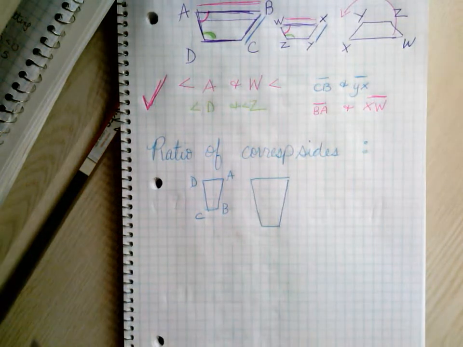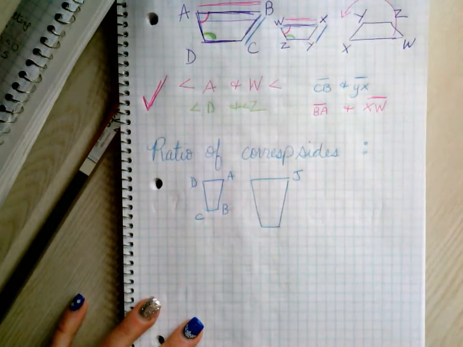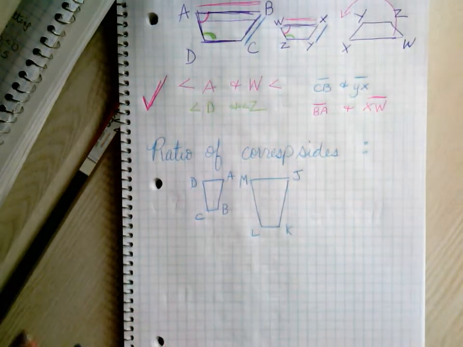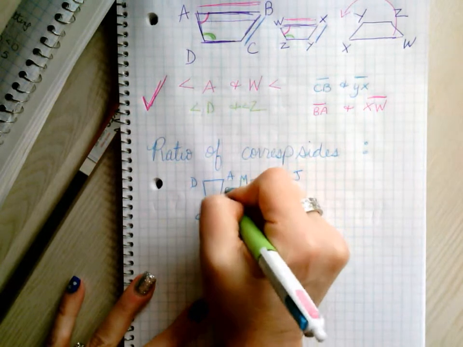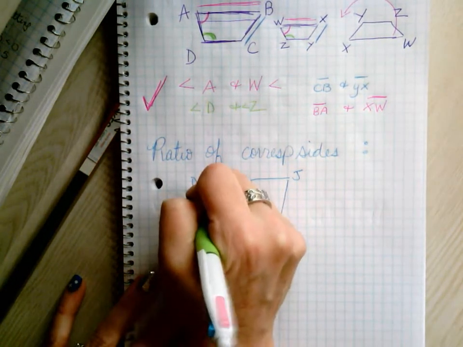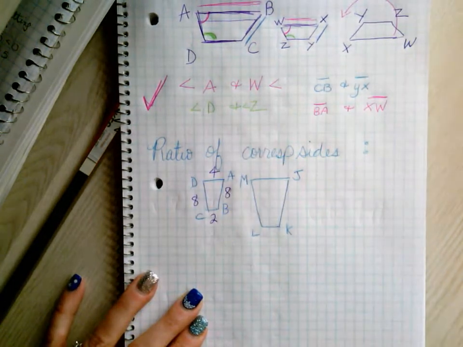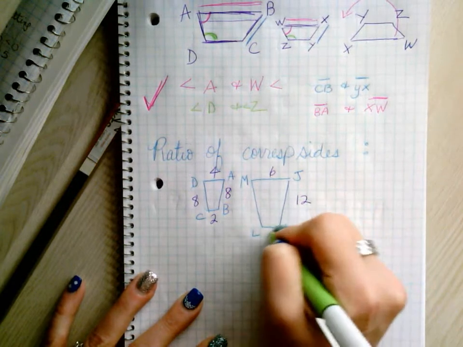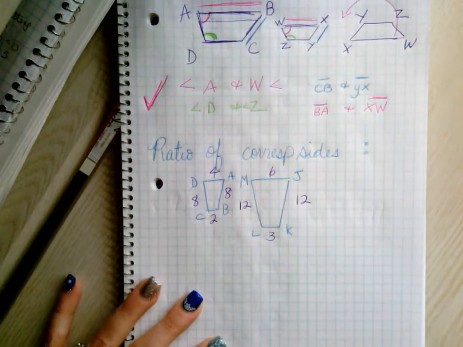Okay, trust me, they match. Not very good at drawing it. JKLM. Do you guys see how I kind of took this little one and I flipped it? Okay. They give us lengths. They've got 8, 2, 8, 4. And in the bigger one, they've got 6, 12, 3, 12. Okay?